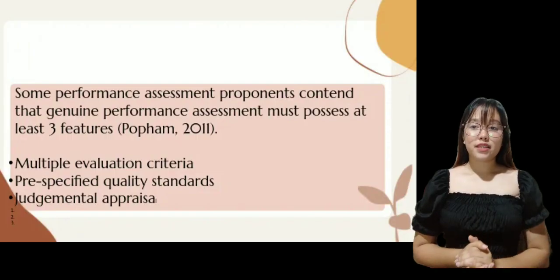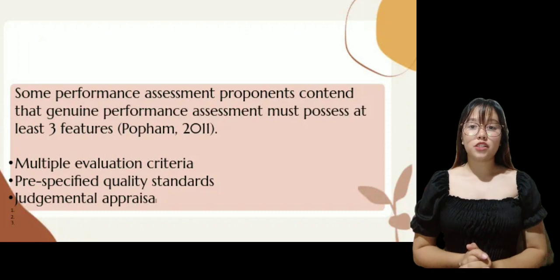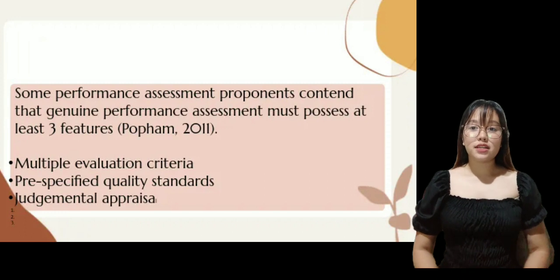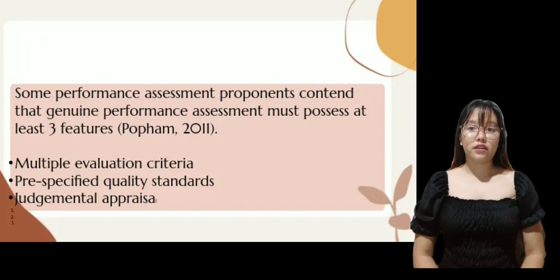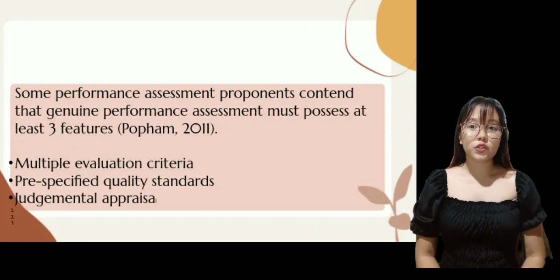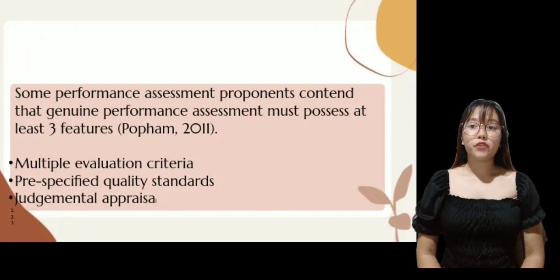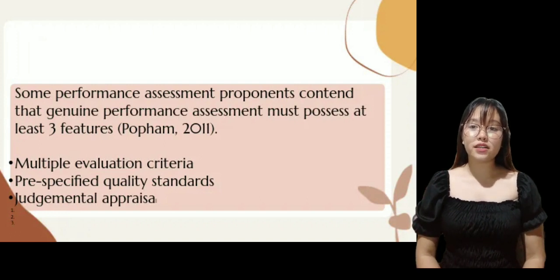Some performance assessment proponents contend that genuine performance assessment must possess at least three features according to Popham 2011. So the first feature is multiple evaluation criteria. In multiple evaluation criteria, the student's performance must be judged using more than one evaluation criterion. Second is pre-specified quality standards.